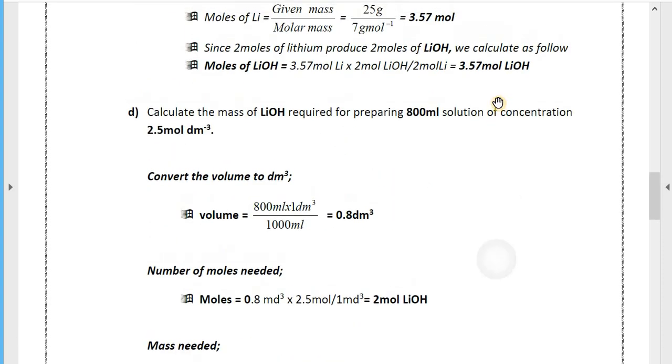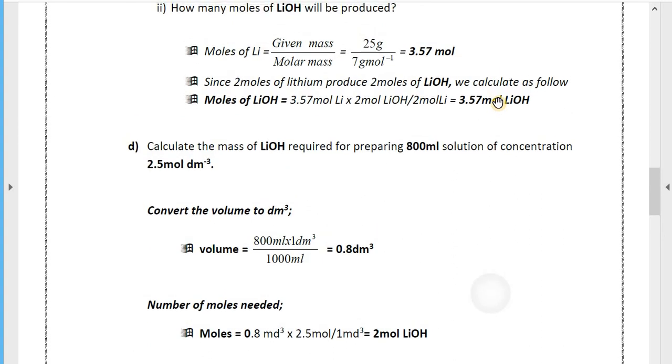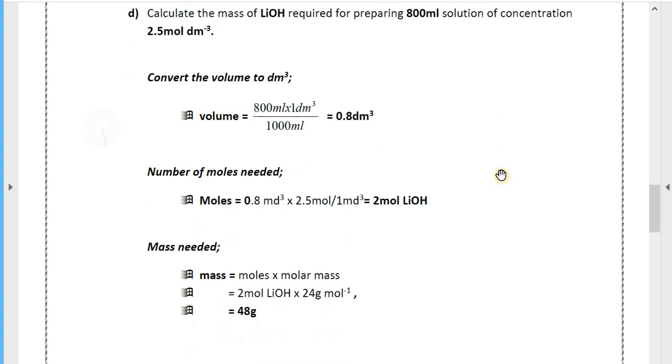Because all you want to know here is, we have prepared a solution, right? You have actually reacted lithium and water, and you have prepared a solution that is 2.5 moles per cubic decimeter, but you only have 800 mils of it. So it's easier for you to change this and say, if it was 1 liter, then the concentration would be 2 moles per cubic decimeter.